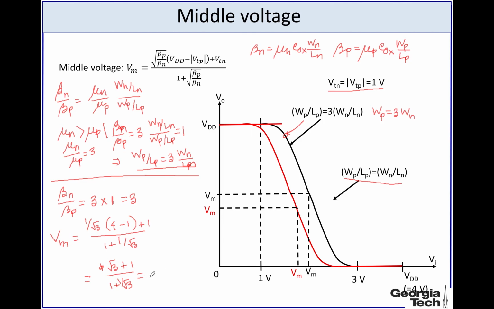So this will simply be equal to square root of 3, which is smaller than 2, which is VDD over 2.